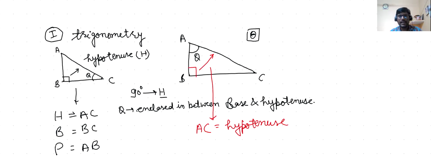It is the standing line which encloses theta, and theta is enclosed between base and hypotenuse. So here AB is the base, denoted by capital B, and the hypotenuse by capital H. The remaining side, BC, is the perpendicular. I hope you understood this concept well.